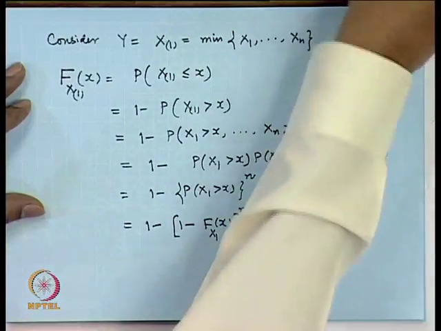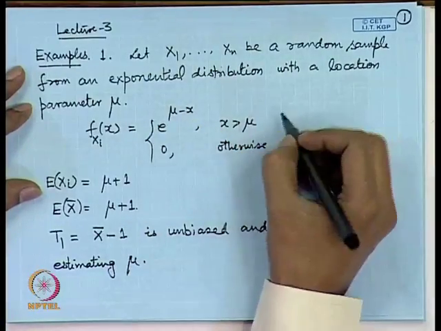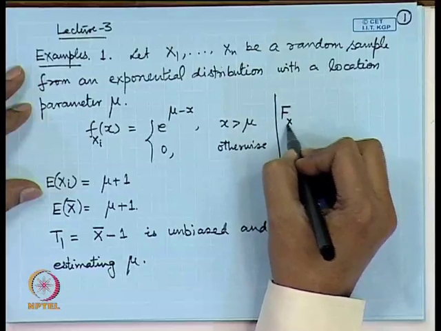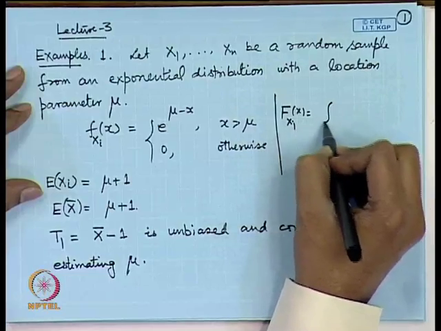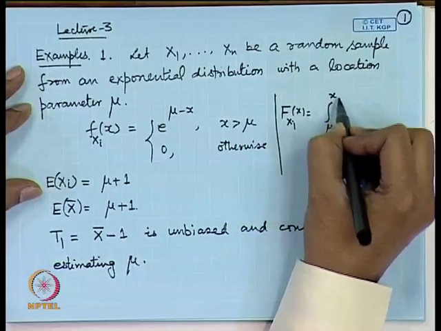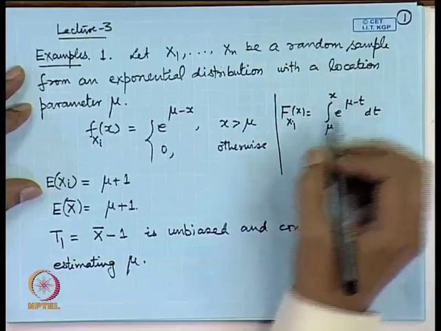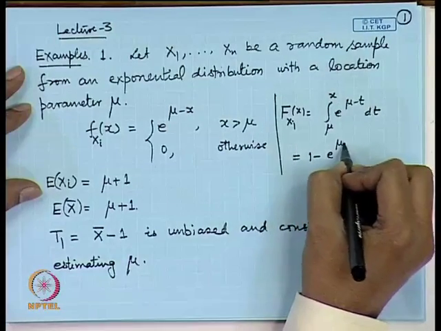Now, if I have this as the probability density function, I can write down the corresponding CDF here, that is the integral from mu to x of e to the power mu minus t dt, that is equal to 1 minus e to the power mu minus x.